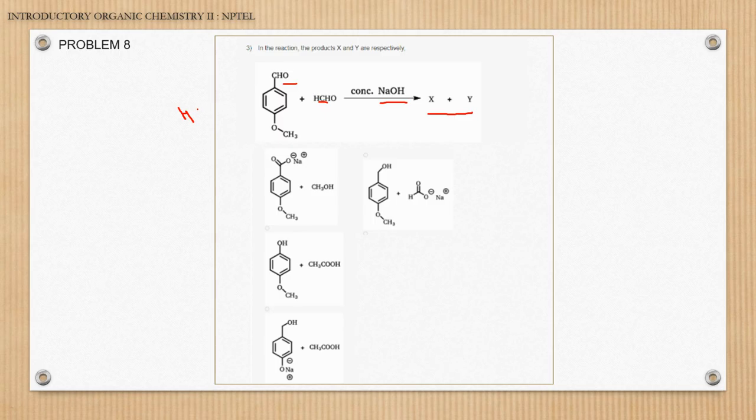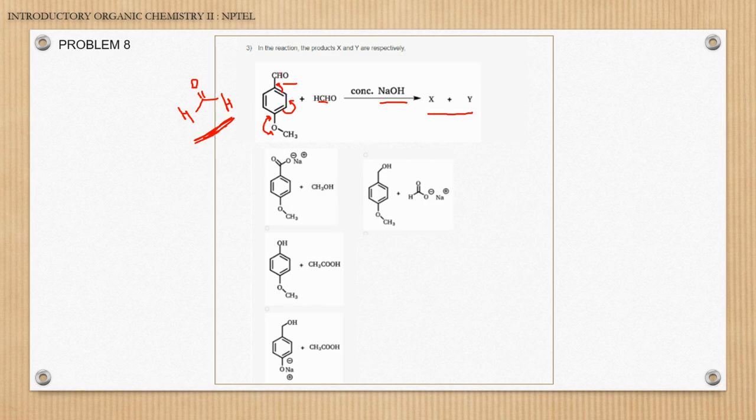So guys, what is happening? I have basically asked you what is more electrophilic in nature. This is formaldehyde. This is benzaldehyde. Is there any delocalization present in formaldehyde? No delocalization. As you can see here, this is paramethoxy, so it is giving electrons into the ring.